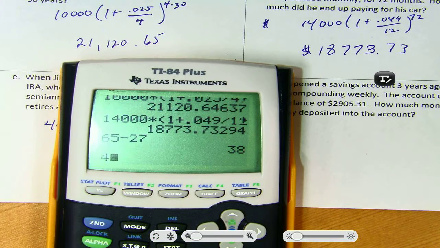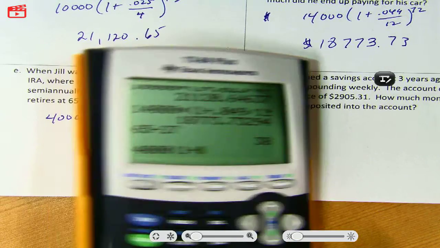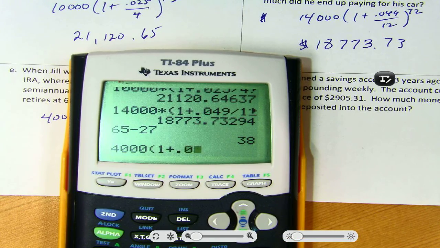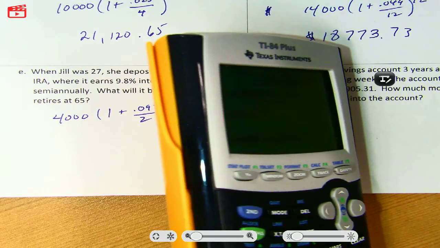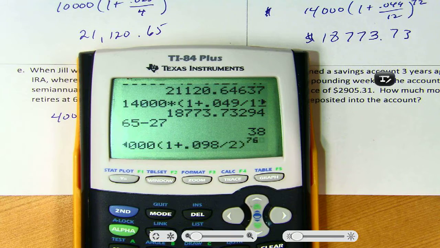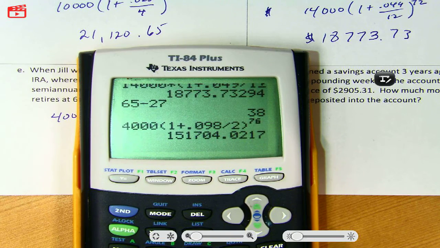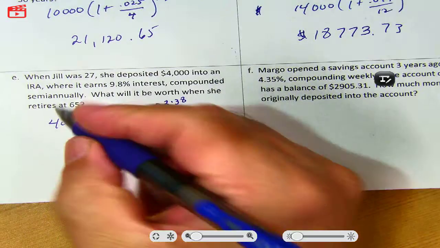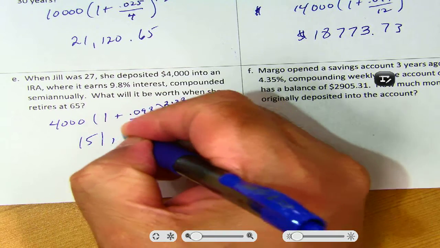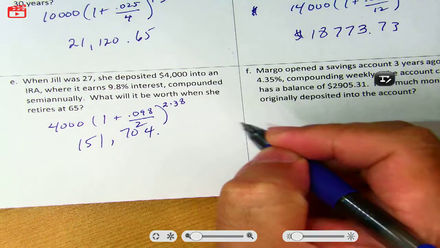Put that in the calculator, 4,000 times 1 plus 0.098 divided by 2, close parentheses, raise it to the 76, right? 2 times 38 is 76. And you get $151,704.02.